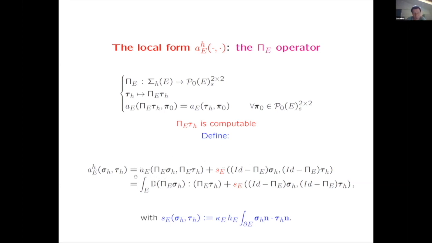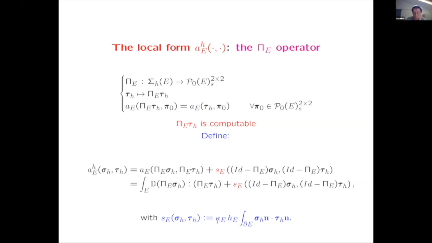So the local discrete bilinear form is just the sum of two contributions. The first one is just the consistent part, and then there's the stabilization, which in this case can be this form here, in which you just weight the L2 product along the boundary of each element of the tractions, basically.